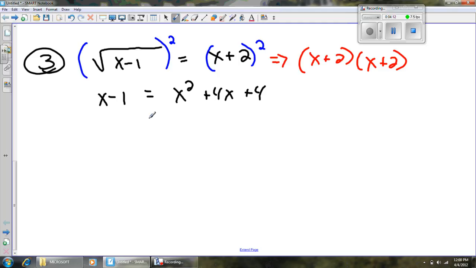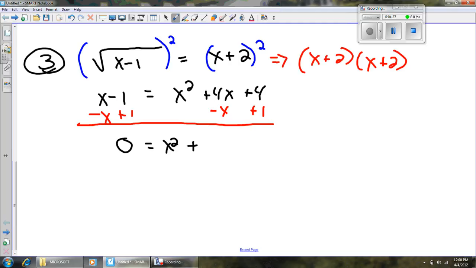Now I'm going to subtract. I'm going to get it equal to 0 because I see I have a quadratic equation. And I'll add 1 to each side. And that will leave me with 0 equals x squared plus 3x plus 5. I know that can't be factored because I don't have 2 factors of 5 that add up to be 3.